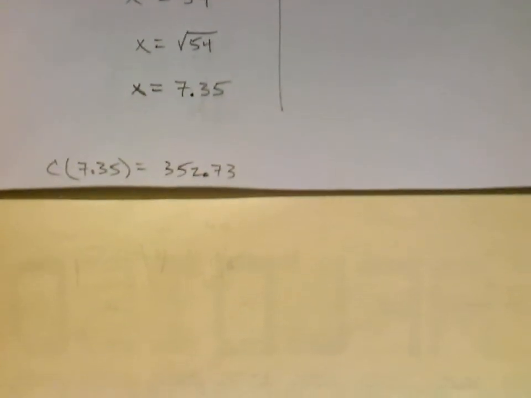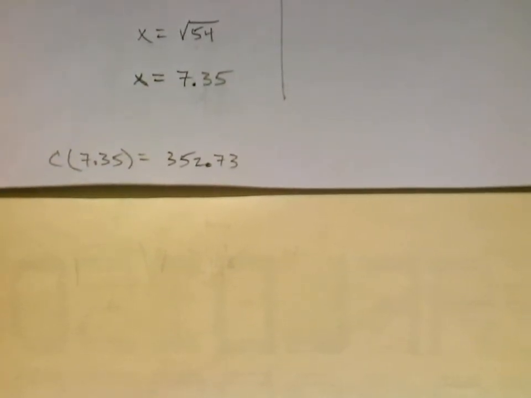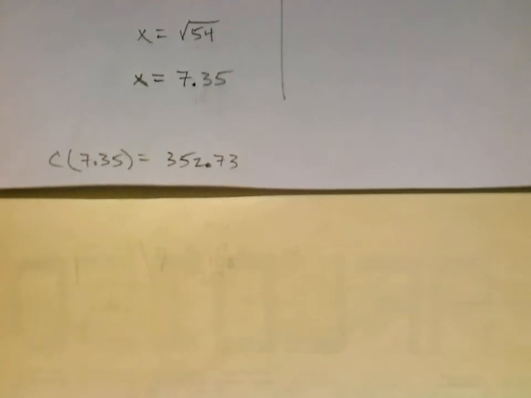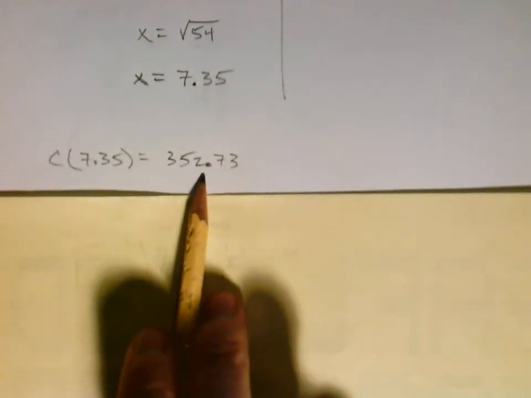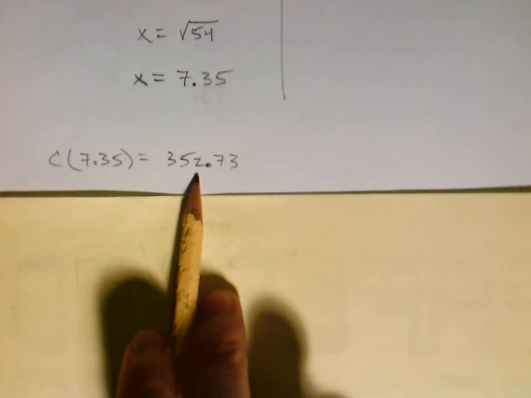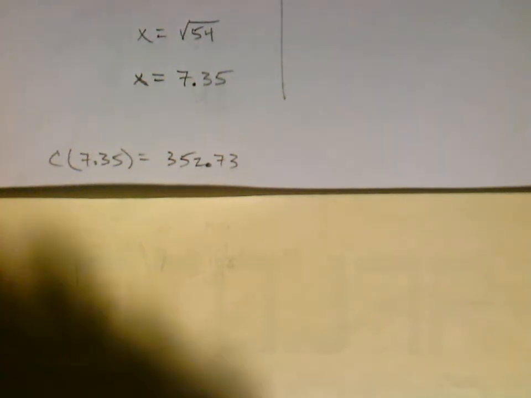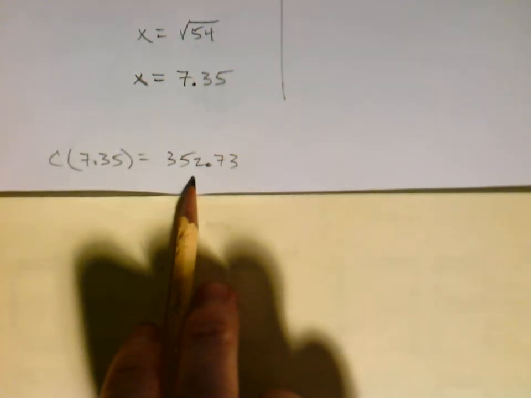Okay, and I just went ahead and showed you what I got. I got 352.73 when I put it into the original cost function. But at this point, we don't know if that's a max or a min. Right? We're supposed to minimize. We need to show that this really is an absolute minimum.